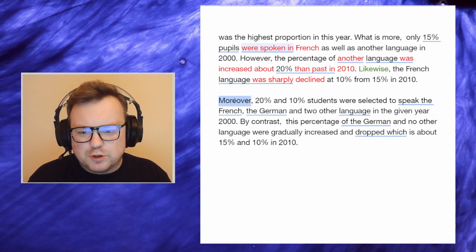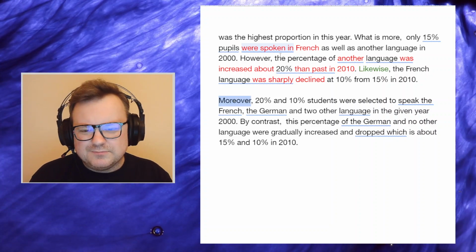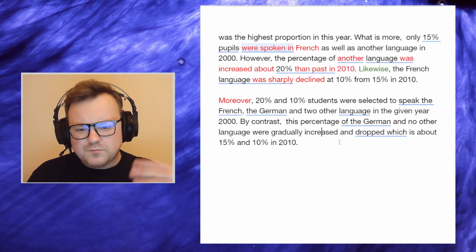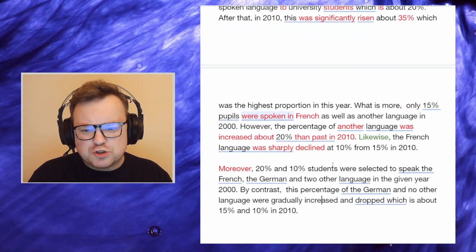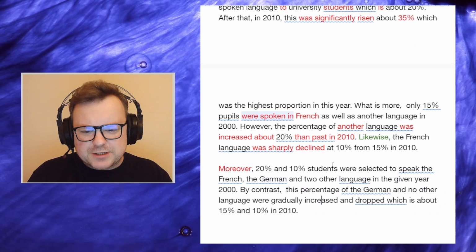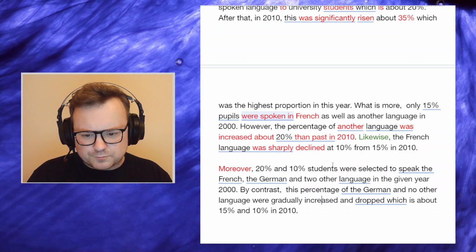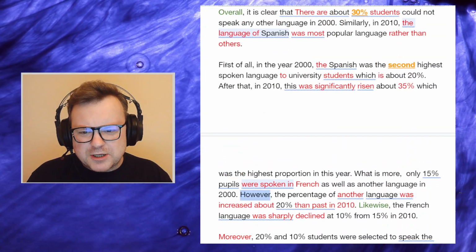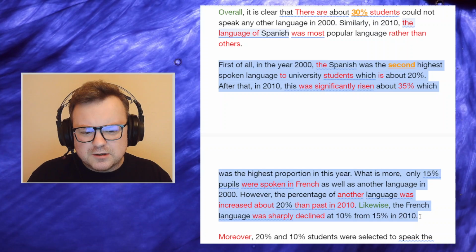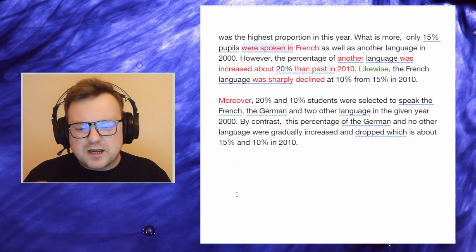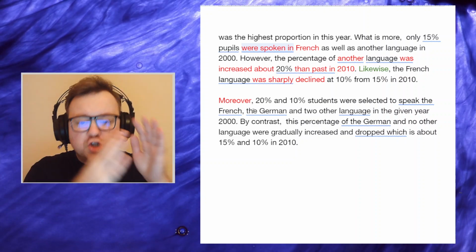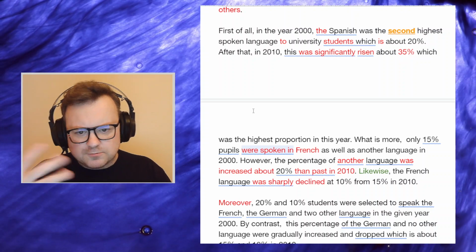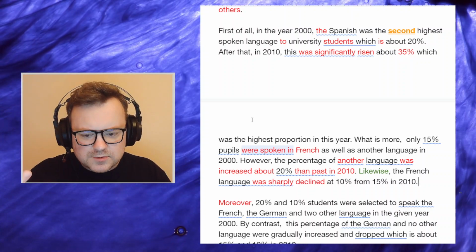Okay, moreover. I don't really love this moreover here. We should use some signposting language to show that we are talking about the second key feature. So it's not really a moreover. You're not really giving additional information. You're not continuing. You should be using signposting language to show that we're changing focus from the candidates who spoke other languages to something else.